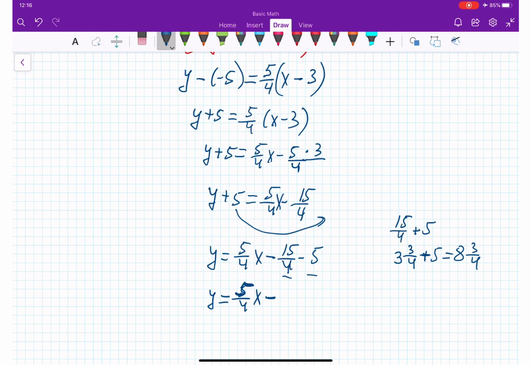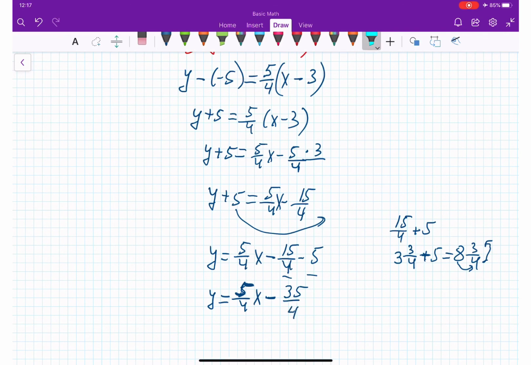For me, I would keep it 8 and 3/4. But because it's required to use an improper fraction, we convert back. So 8 times 4 is 32, and 32 plus 3 is 35. So the y-intercept is going to be negative 35 over 4.